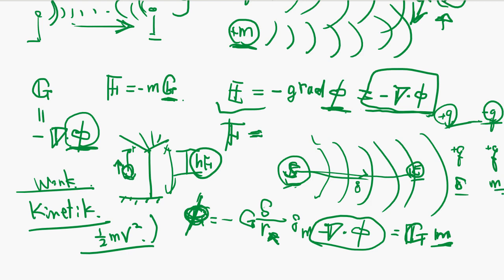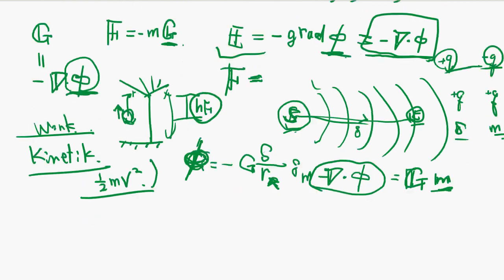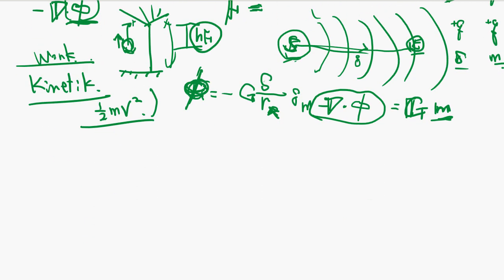So that's the only difference. The difference is only the sign. Okay, so you can tell the field theory can be used for describing the gravity potential and the gravity field.